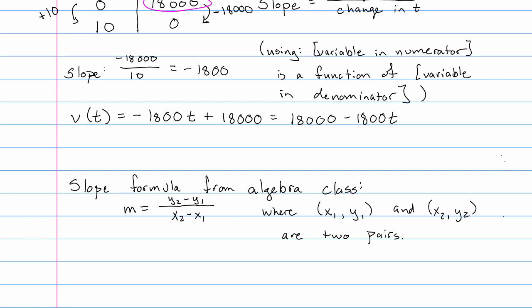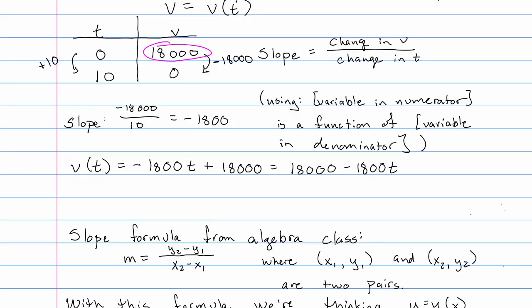When we're using this formula, we're thinking implicitly that y is a function of x, right? y equals mx plus b. That's y as a function of x. And so the variable in the numerator, y, is a function of the variable in the denominator. And that subtraction is what we do to find a change. So this formula is the same as this formula.